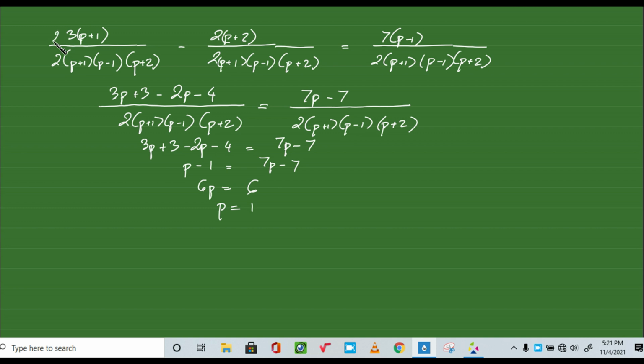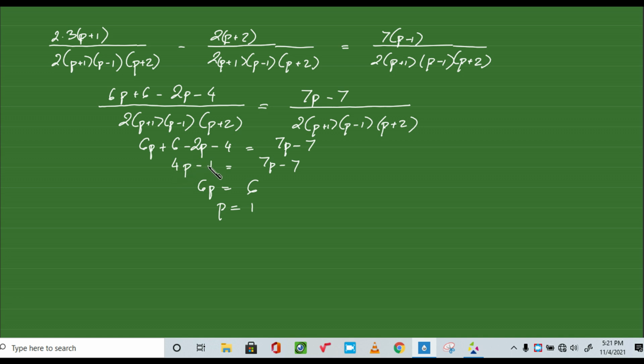So I multiply over here by 2, so it should be 6p. See, so this is 6p plus 6. So 6p minus 2p is 4p.